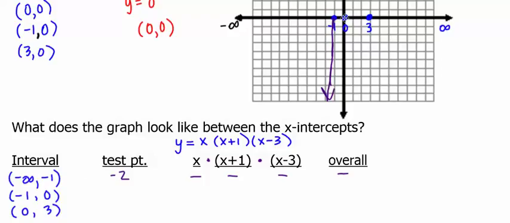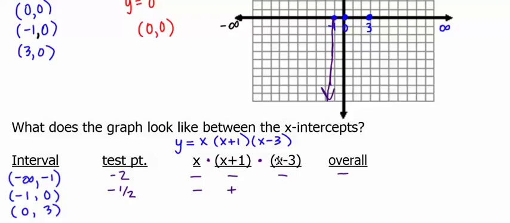Now what's happening between negative 1 and 0? Well, we're going to have to try negative 1/2. When I put negative 1/2 in for x, the first factor is negative 1/2, which is negative. The second factor, which is x plus 1, negative 1/2 plus 1 is positive 1/2. That factor will be positive.